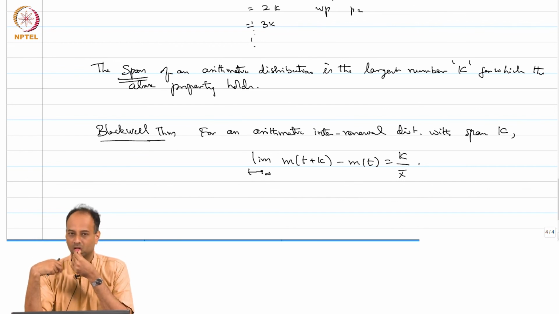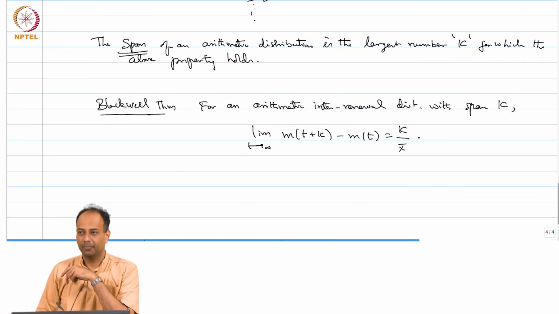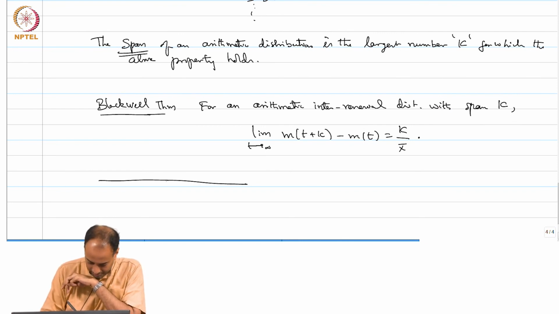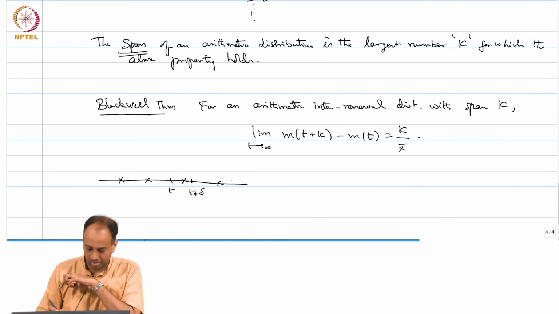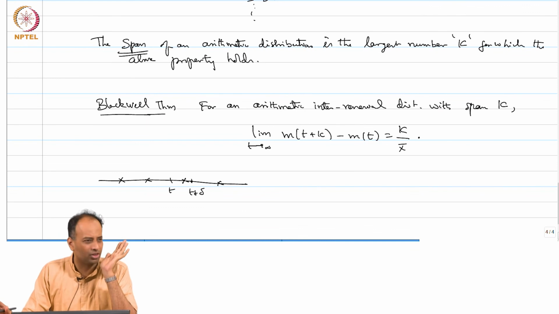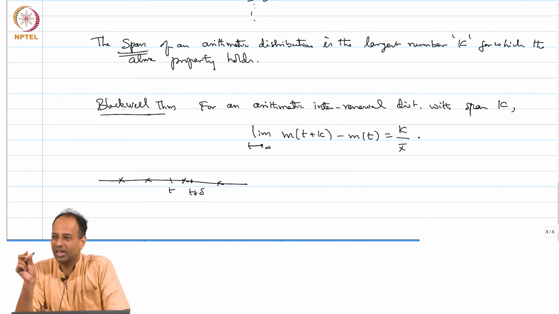Okay. So, this Blackwell's theorem has a nice interpretation. If this delta were very small, you have this t and t plus delta, you have this renewal process running. Now, what is the probability of actually having a renewal in this interval t plus delta? If delta is very small, assume non arithmetic for now, then the probability of having 2 arrivals in the interval is very small.